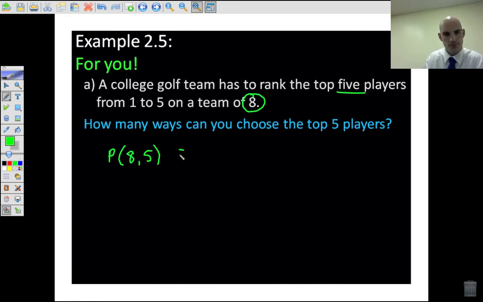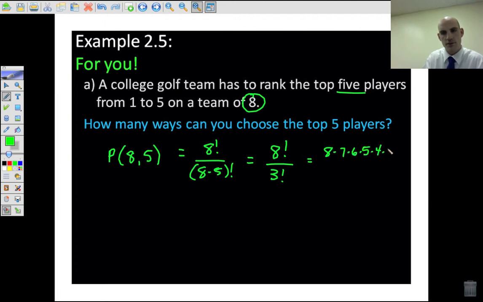So 8 factorial over 8 minus 5 factorial, 8 factorial over 3 factorial, is equal to 8 times 7 times 6 times 5 times 4 times 3 factorial over 3 factorial, making my life easier, equal to 6,720 combos. Okay? That's how this works.